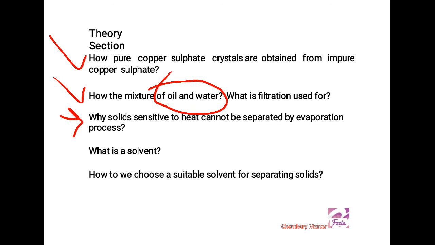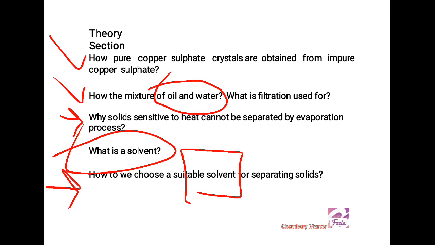What is a solvent? The solvent is the major part or major content of a solution. How do we choose a suitable solvent for separating solids? The selection of solvent is done on the basis of the dissolving of solid substances.